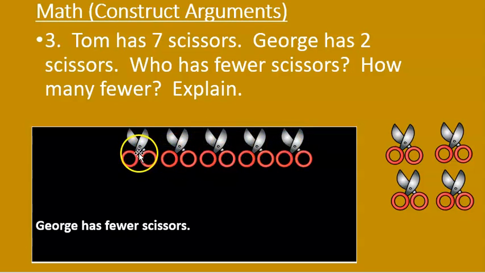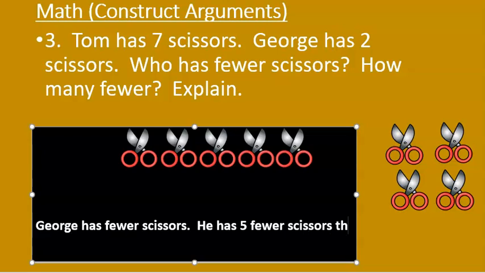Let's count. 1, 2, 3, 4, 5. So first graders, how many fewer scissors does George have than Tom? 5. So let's write this. He has 5 fewer scissors than Tom.